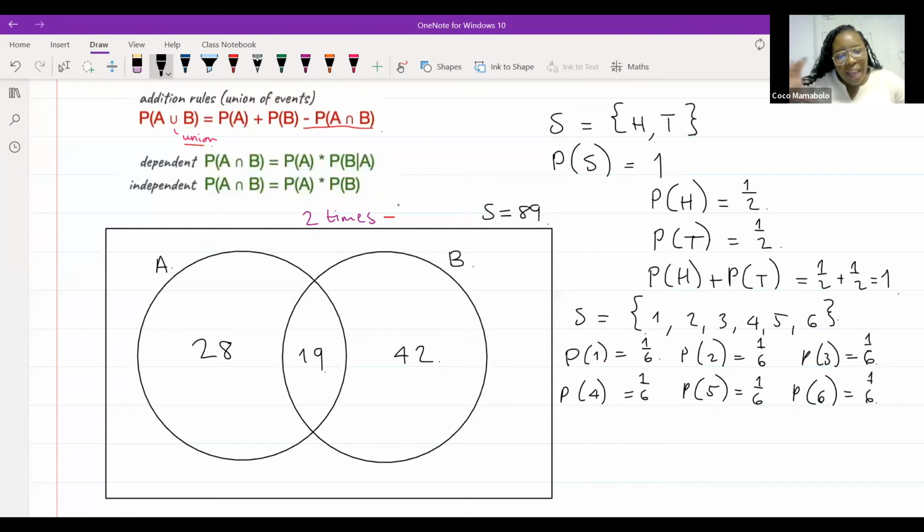Now, if I add up all of these probabilities, how much are they going to give me, guys? Correct, they're all going to give me 1. 1 over 6 plus 1 over 6 plus 1 over 6 plus 1 over 6 plus 1 over 6 plus 1 over 6 is equal to 6 over 6, which is equal to 1. So the probabilities of all events together need to equal 1.